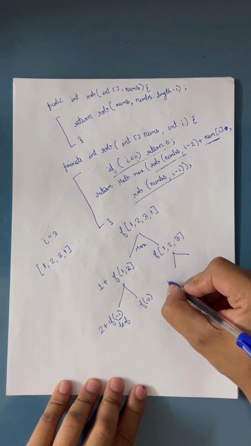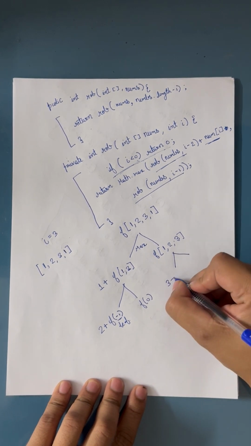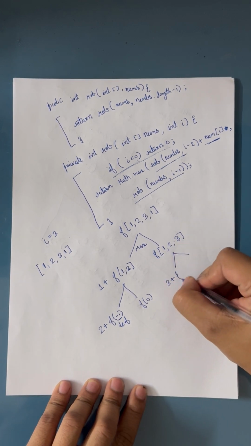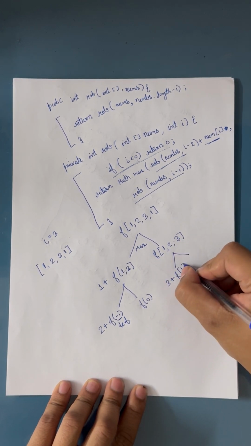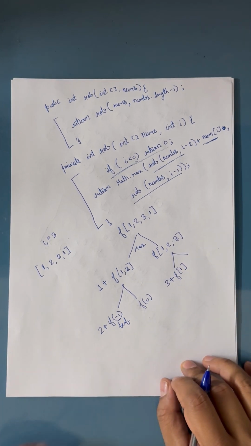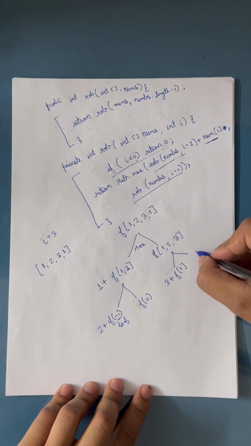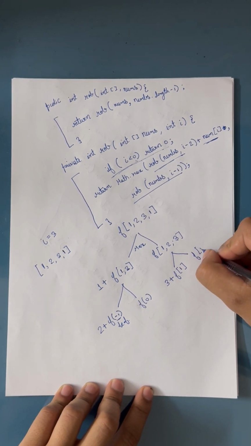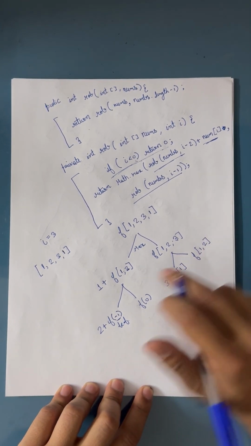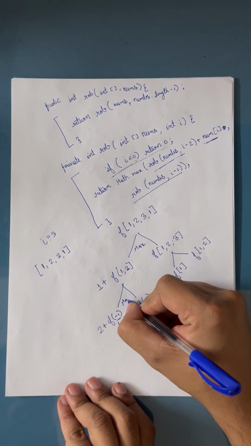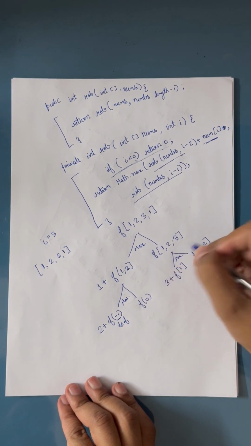If you included 3, then you can't choose 2, so you have f of 1. If you have not included 3, then you have f of 1 comma 2. These are again the two conditions, with max here and max here.